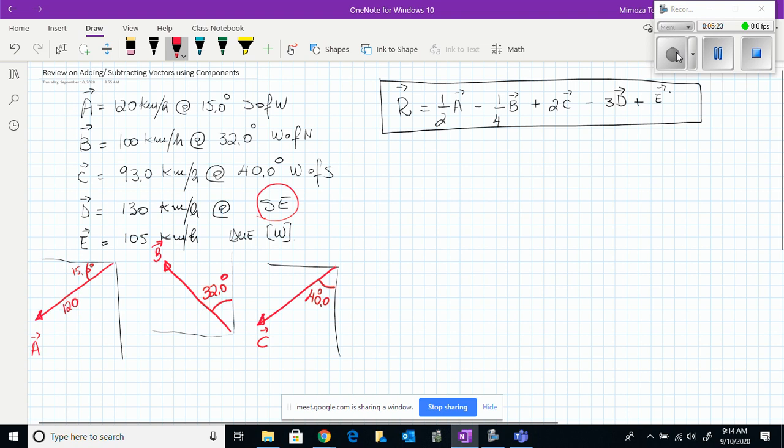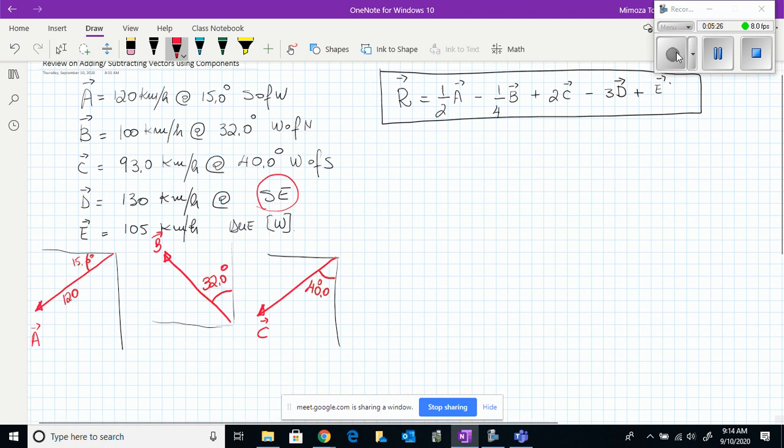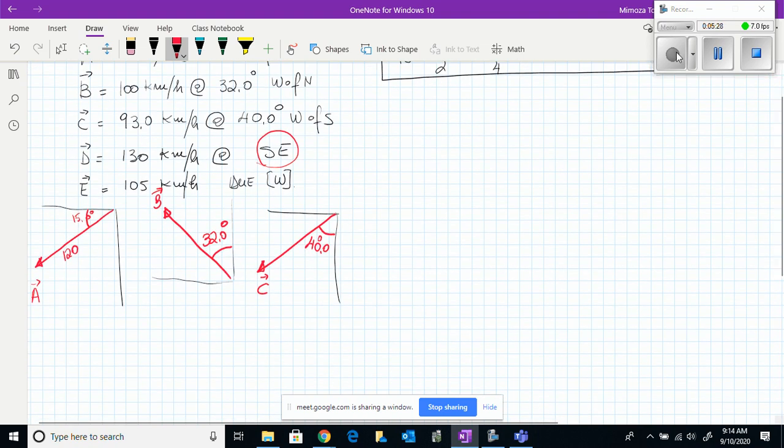So now vector D will be between south and east, with a magnitude of 130 kilometers per hour. And one of the angles, doesn't really matter which one you pick in this case, the angle with the south or the angle with east is 45 degrees. And then lastly is vector E that is due west.